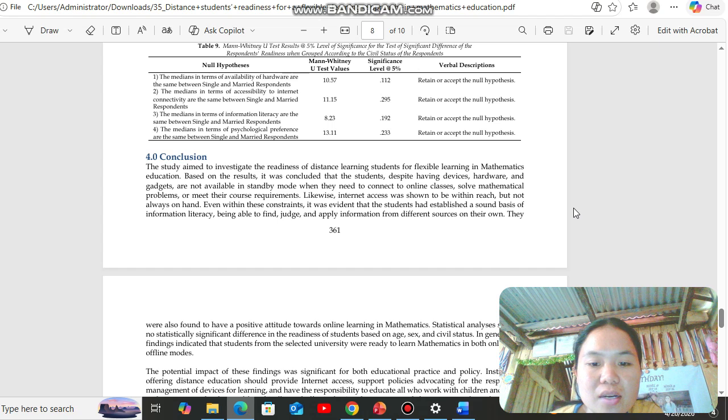Furthermore, there are no significant differences in students' readiness when grouped according to age, sex, and civil status. Overall, flexible learning is feasible, but improvements in technological resources and internet access are necessary to enhance students' learning experiences.